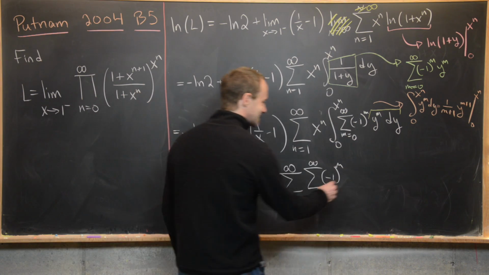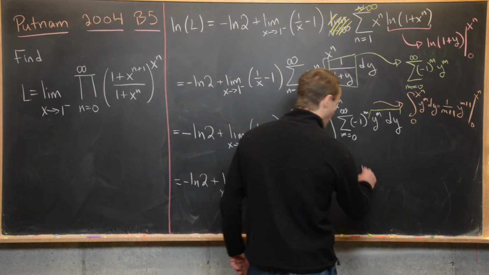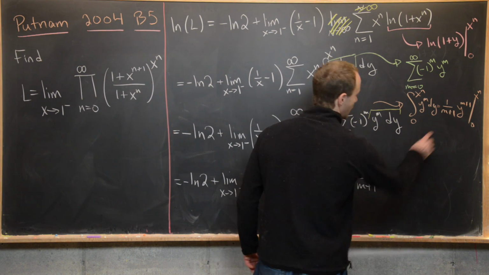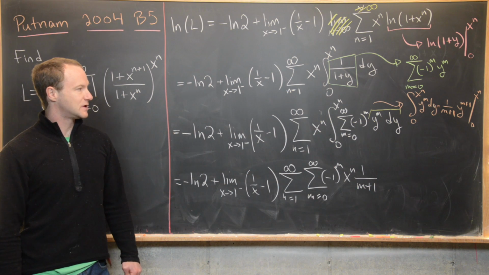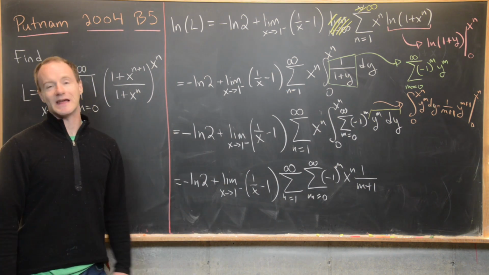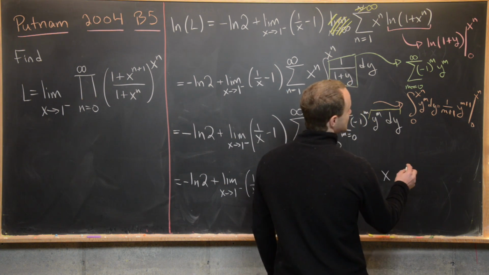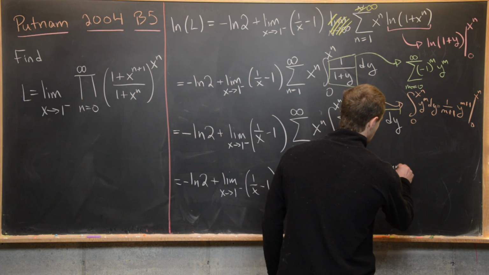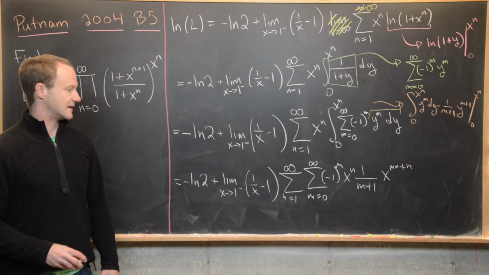And then we'll have x to the n. And then we'll have 1 over m plus 1. So that's from this term over here. And then y to the m plus 1 evaluated at x to the n. So that's going to be x to the mn plus n. So we have something that looks a little bit like that.